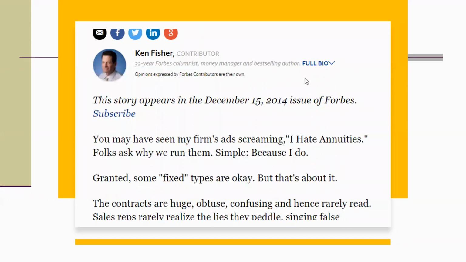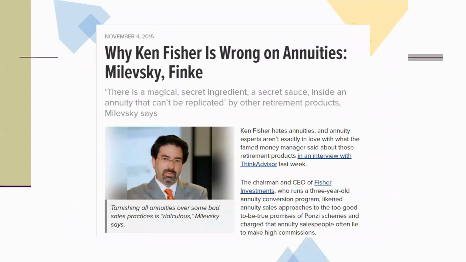What is Ken Fisher selling? He's selling mutual funds. He's selling his portfolios. And so he has a vested interest in his point of view. It's also interesting to me, though, that he actually owns about a 10% share in a major annuity insurance company in the US. So he at least believes in them enough that he's invested in that company.